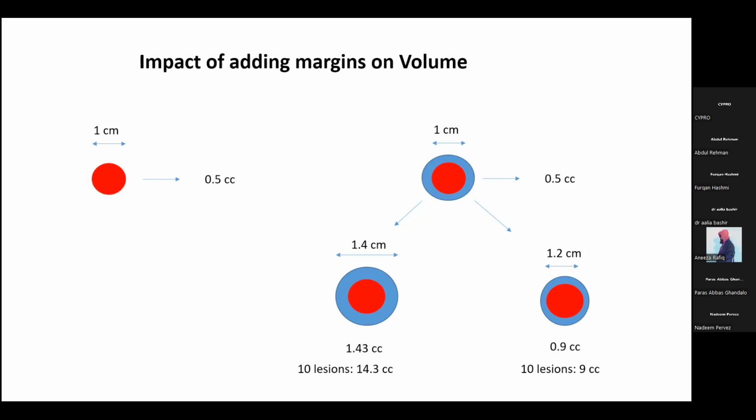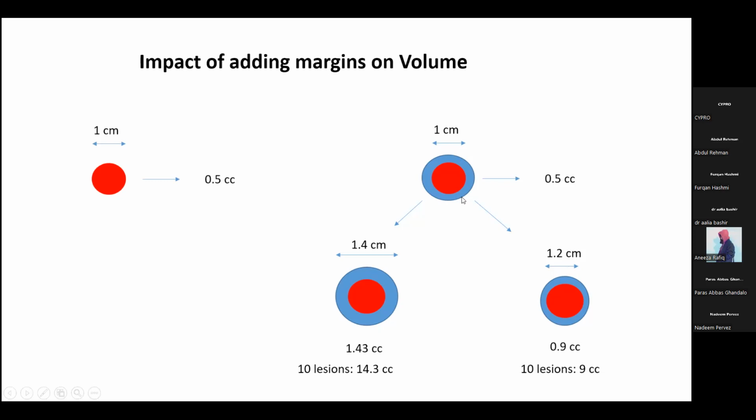So it makes around 1 millimeter here, 1 millimeter here, so 1.2 centimeter size in total. So the 1 cm diameter size, which makes up around 0.5 cc, converts into 0.9 cc if we add a 1 millimeter margin.